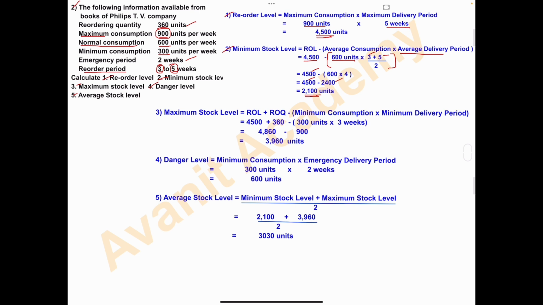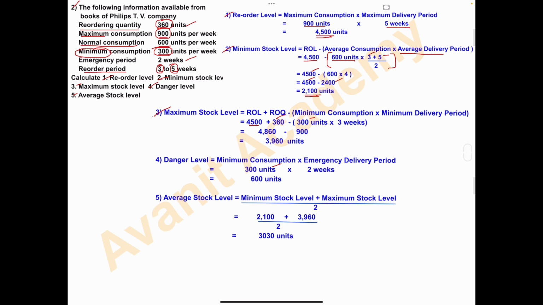Next, we have to calculate maximum stock level. Formula is ROL plus ROQ minus minimum consumption into minimum delivery period. ROL, we calculated in the first point, that is 4,500 plus ROQ mentioned in the problem. First one, reordering quantity, that is ROQ, is 360 units. Minus minimum consumption, 300 units into minimum delivery period.